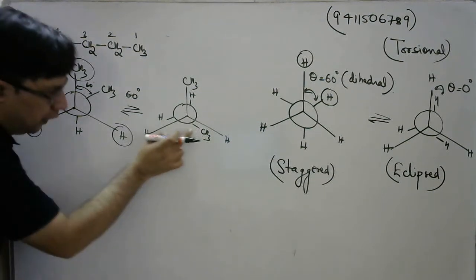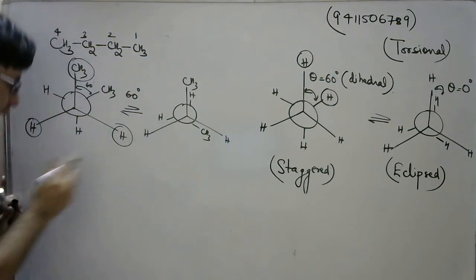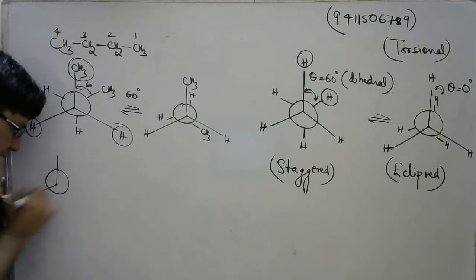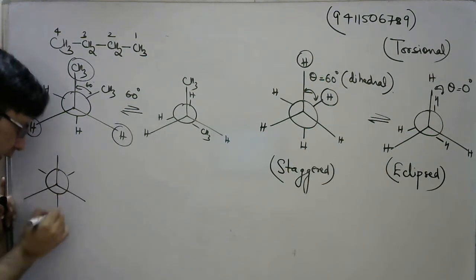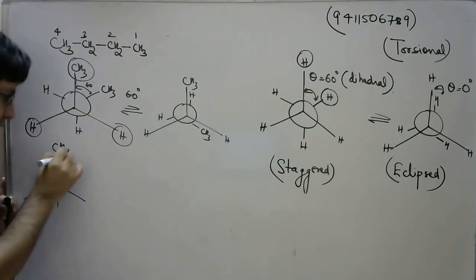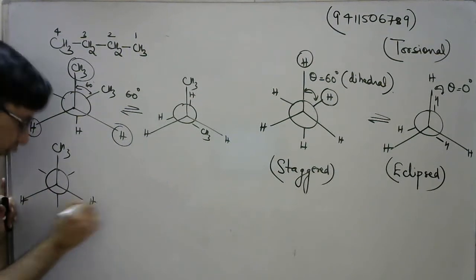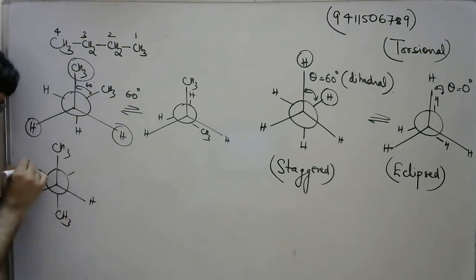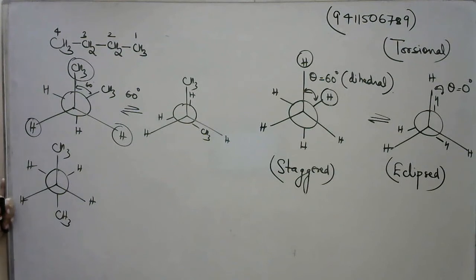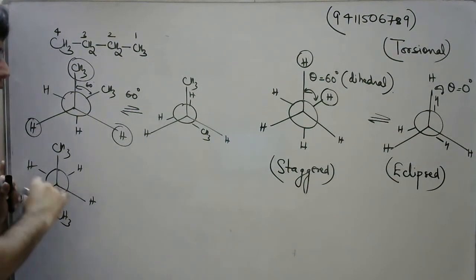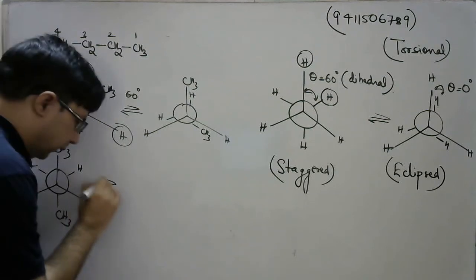I can further rotate it by 60 degree to obtain the other conformer, and that will be CH3, H, H, H and H. What is this? This is the another form which is said to be the staggered form that is obtained.